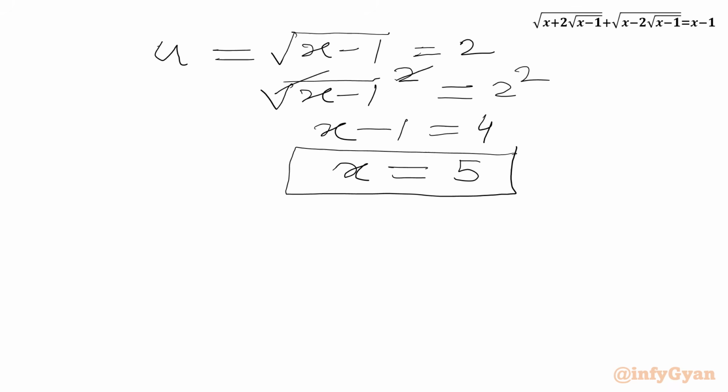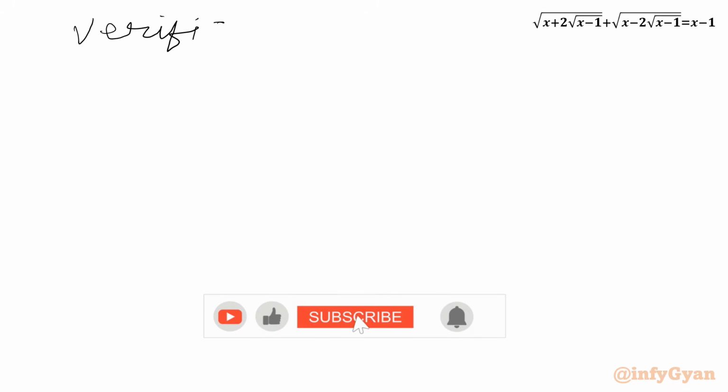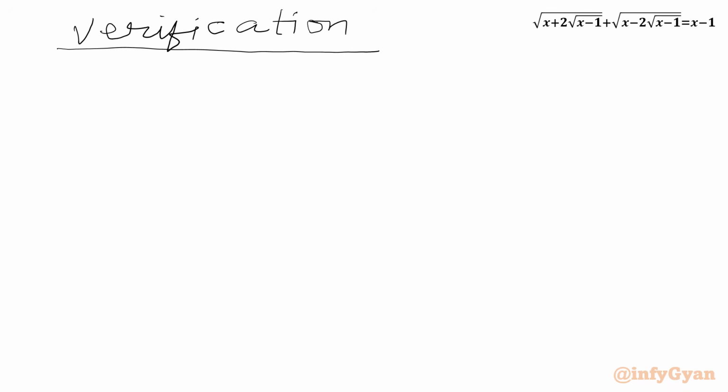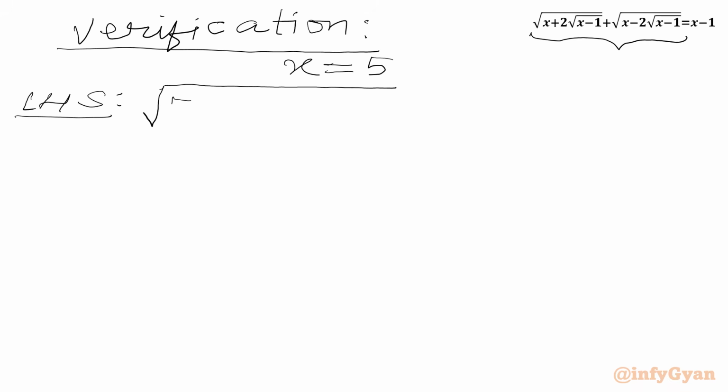Now we are going to verify our answer. So let us write here verification for x equal to 5. Equation is written over here. So let's get started with our LHS. Square root of x, so we will write square root of 5 plus 2 times square root of x minus 1, we will write 5 minus 1.